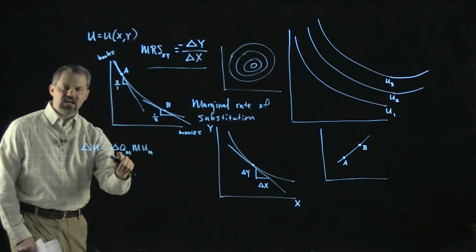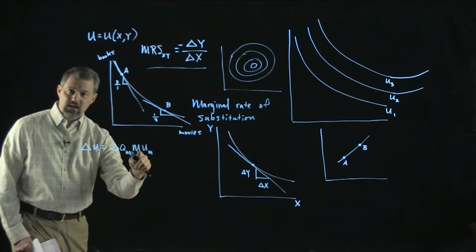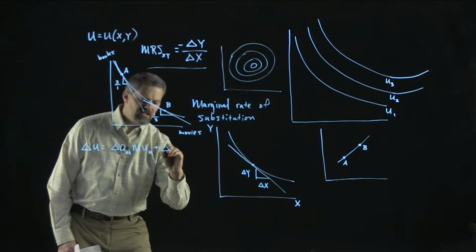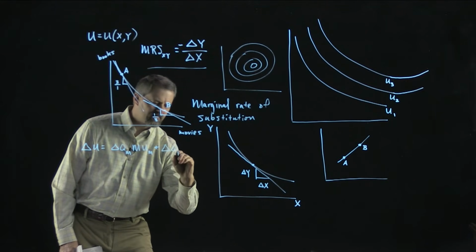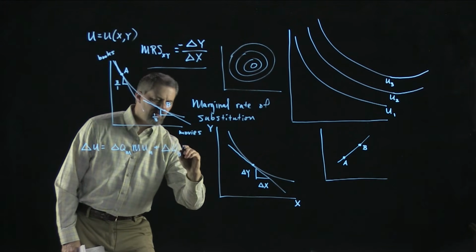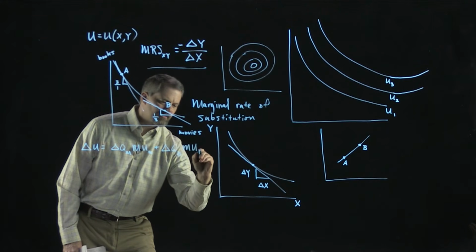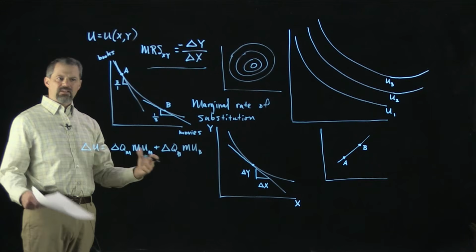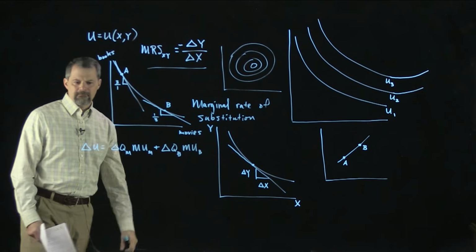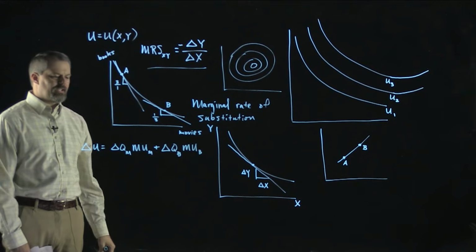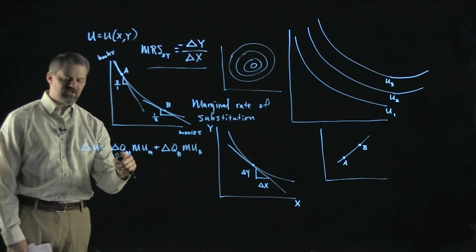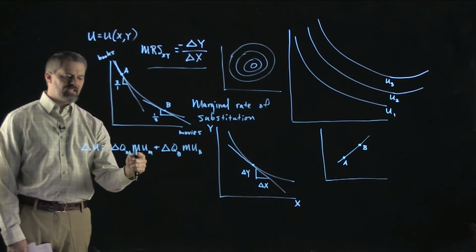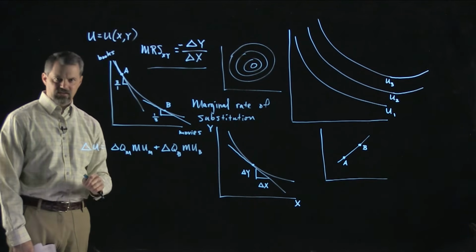How much movies change, multiplied by the marginal impact of changing movies, plus the change in the quantity of books, multiplied by the marginal utility of books. So we can think about that as a total differential. So the total change in utility depends on how much movies change and how much books change, plus what the marginal impact of movies and books is.